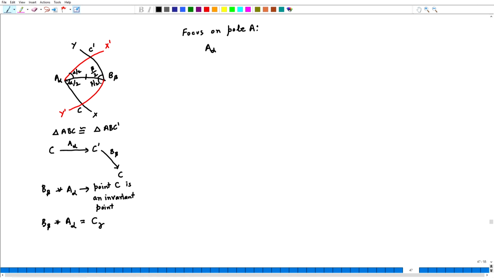So, A alpha followed by B beta, where does the pole A move? First, we do a rotation of alpha about the A axis. Well, that pole A is actually an invariant point, so it will remain where it is. So, there is no change in the position of pole A because of the first rotation about the A axis.